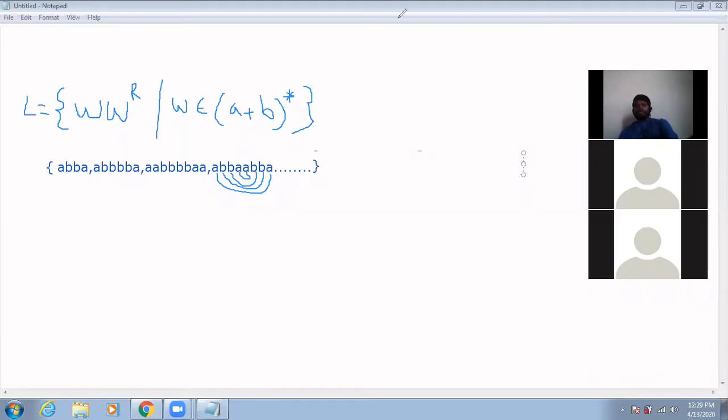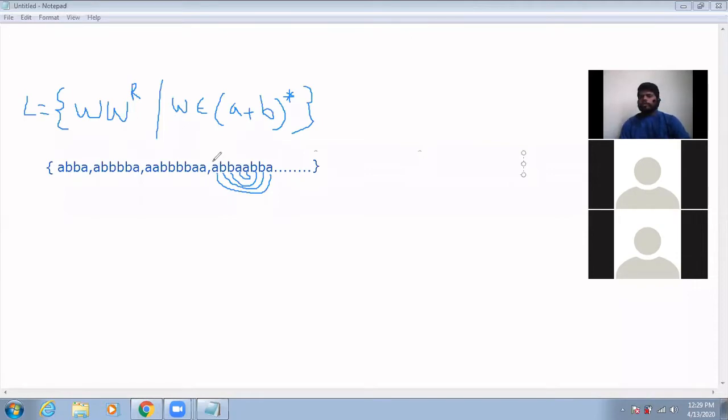So what is the approach you need to follow? Suppose I read this A, how can I ensure that it is the end of the string? There is a middle point, so how can you go to the last symbol? The approach is very easy.